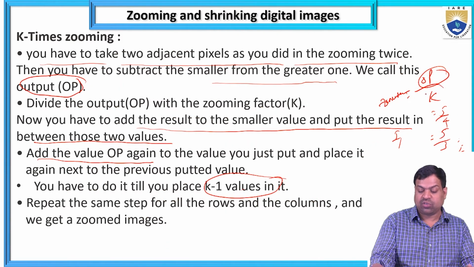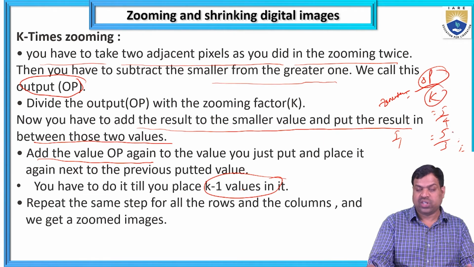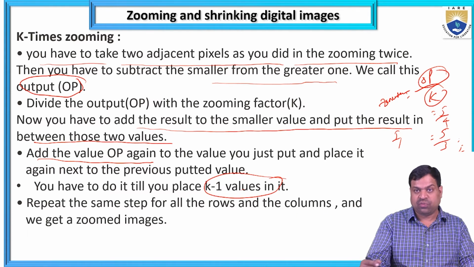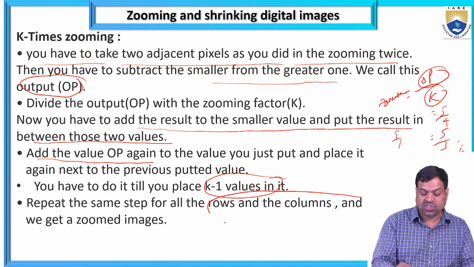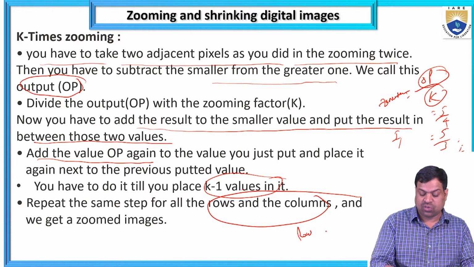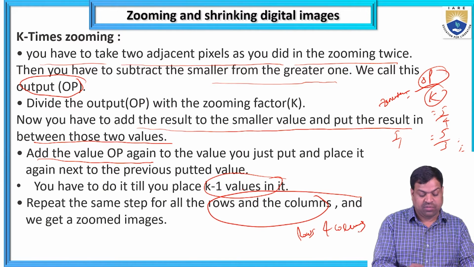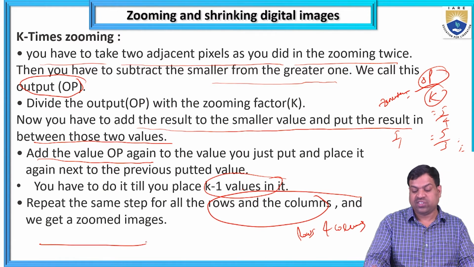Here k equal to 5, here k minus 1 values are 4, 3, 2, 1. So repeating the same with rows and columns, until we have changed the rows and columns, we get the zoomed image. That is the technique.